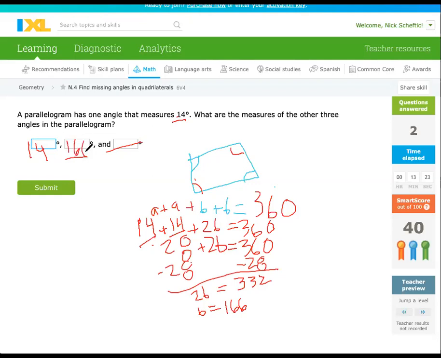So 166, 166, and then plus what they've given us right there, 14, and this should all be equal to 360. You can always double check. I always like to go back and double check. Using my calculator, 166 plus 166 is 332, plus 14 plus 14, and that's going to give me 360. So this should be correct there.